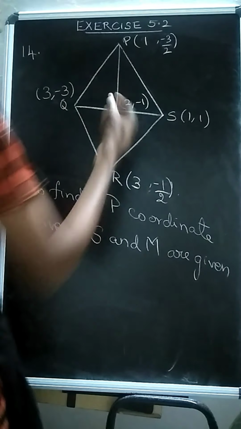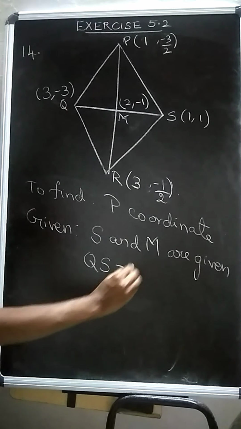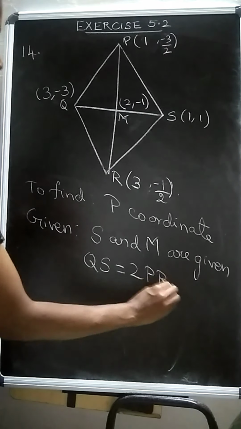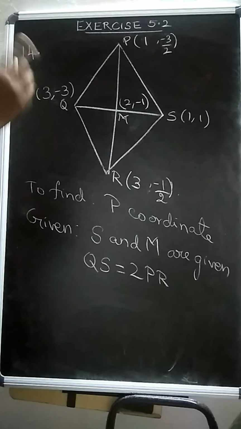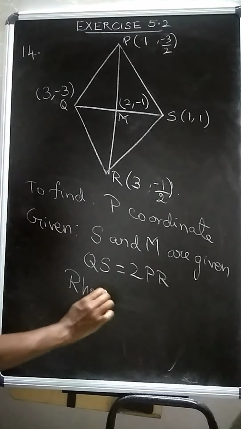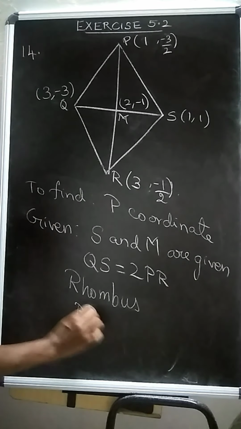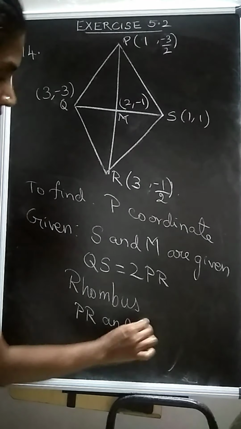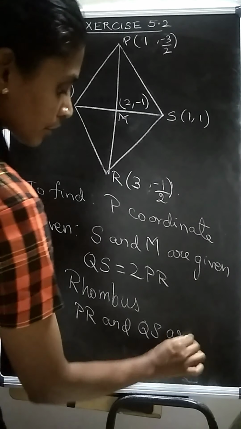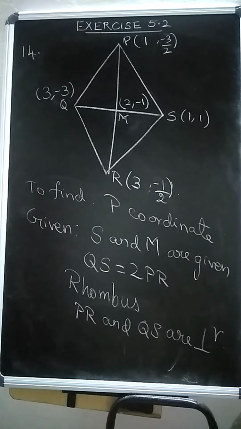Then condition QS is equal to 2PR given. Then again, since this is a rhombus, PR and QS are perpendicular. So you have these three conditions.